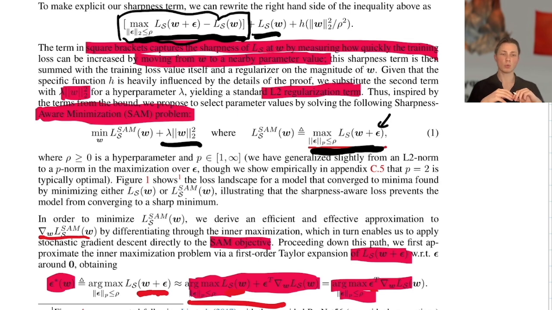But we don't want to find epsilon with a brute force algorithm. We want to find it in a very efficient way, and therefore they use a way to optimize epsilon pretty easily. The first thing they are doing is the first order Taylor expansion. We use a first order Taylor expansion if we want to calculate a point on a function that is easy to calculate.